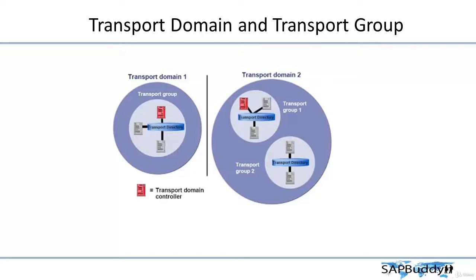So to set up a transport domain, first we need to determine which systems need to be included in the transport domain. In general, all the systems in the landscape should be included. However, not all the SAP systems are available in the initial stage.